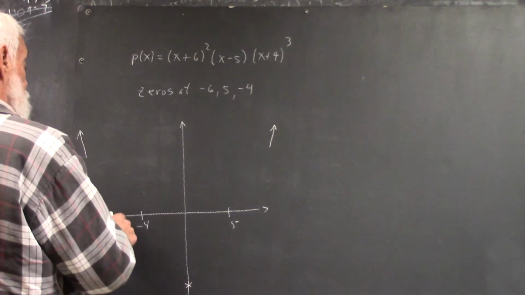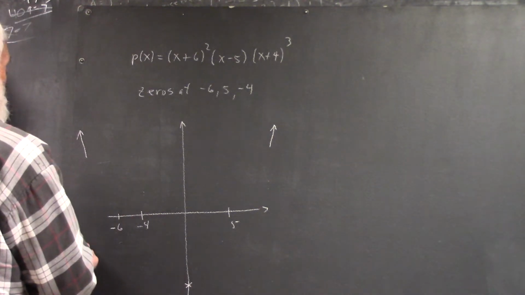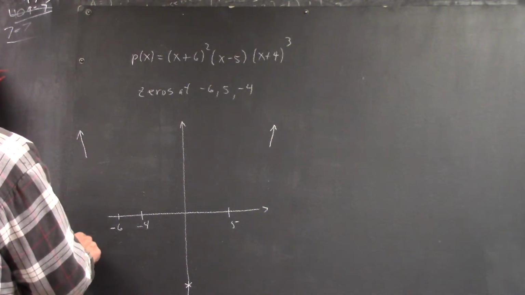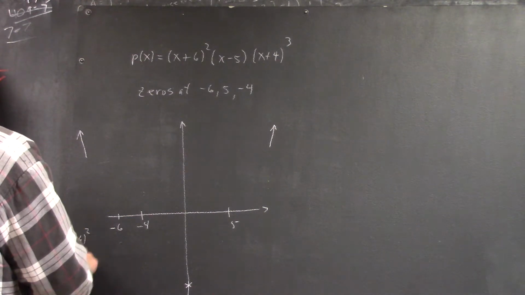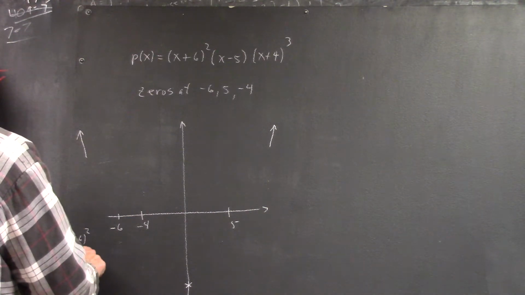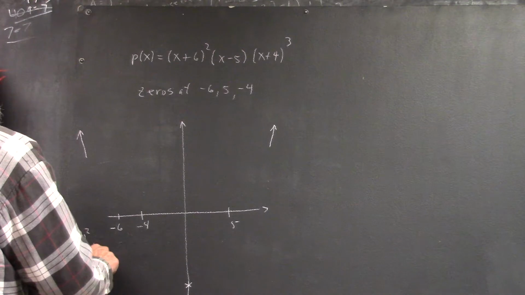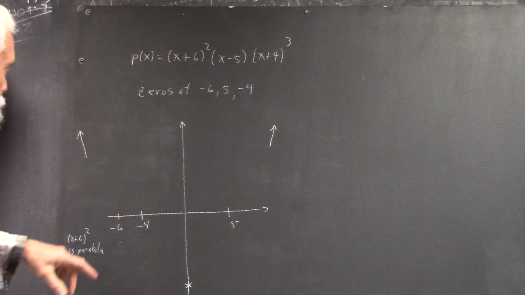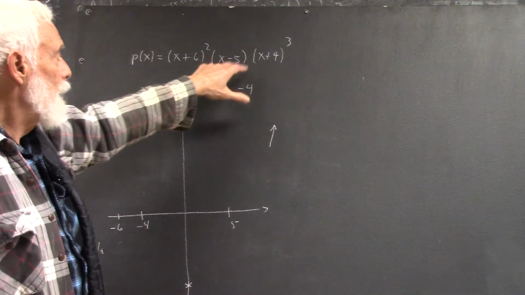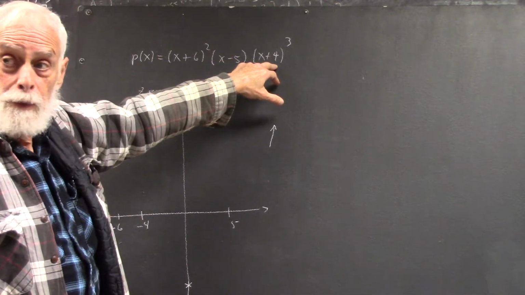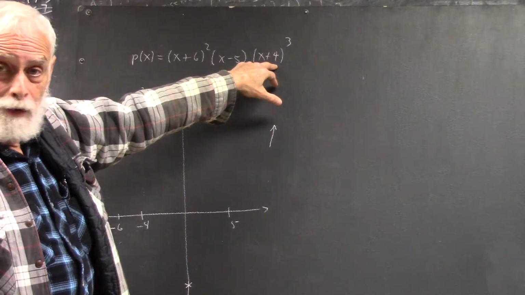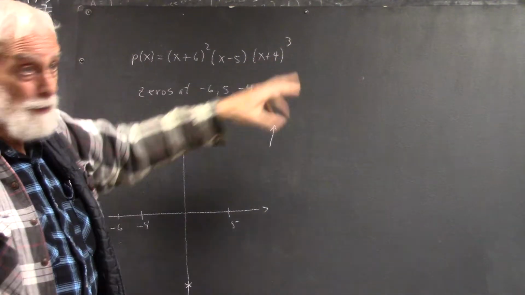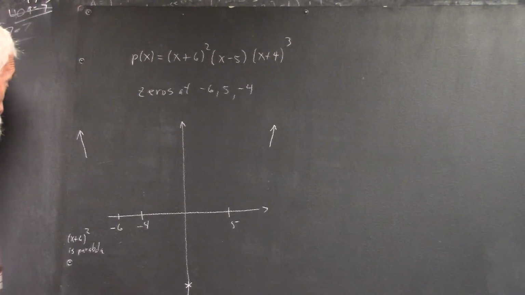So it's got to be parabolic. x plus 6 squared times whatever you get for these numbers near -6 is just going to be a big old vertically stretched parabola. It's going to be really steep because those numbers are going to be pretty big.